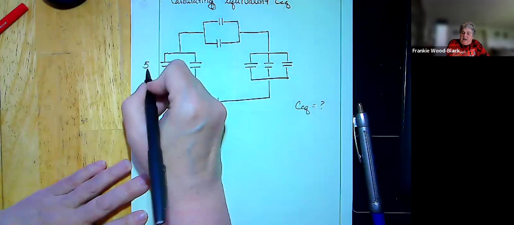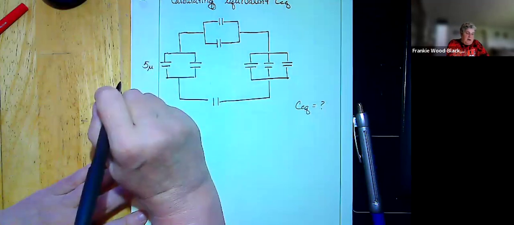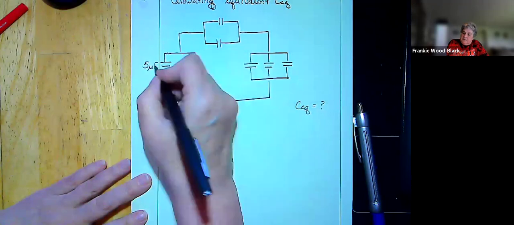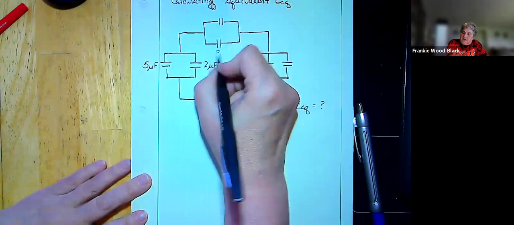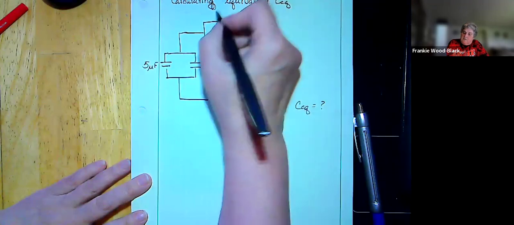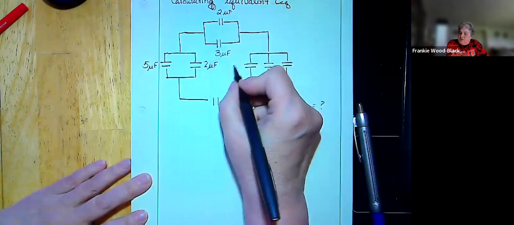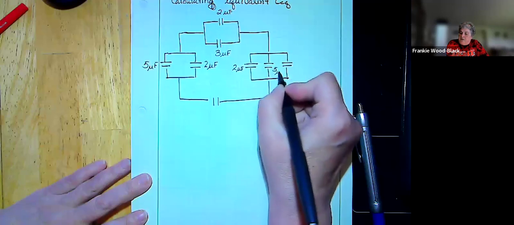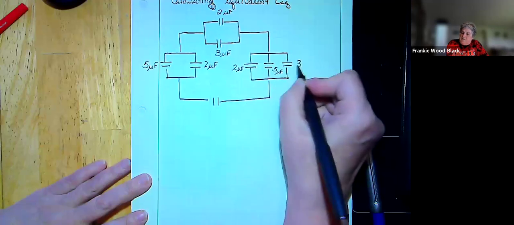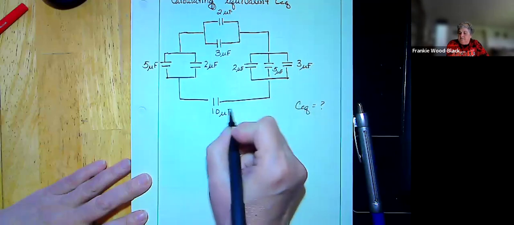This is going to be 5 microfarads. This is going to be 2 microfarads. We're going to make this 3 microfarads, and this 2 microfarads. We're going to do this one as 2 microfarads, 5 microfarads, and 3 microfarads. And we're going to make this one 10 microfarads.